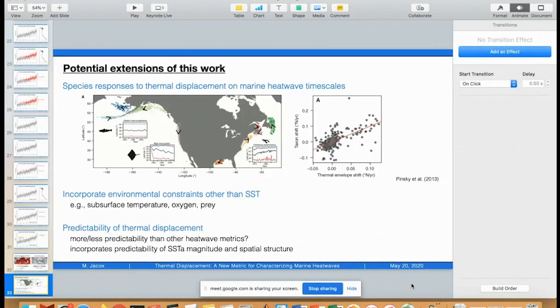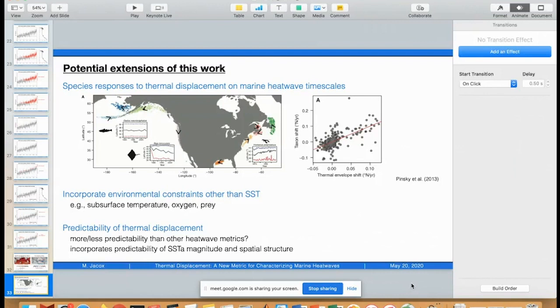So this Penske paper and presumably others are looking at the mean thermal displacement of critters due to the mean change in SST, and what you're looking at is the variability in the thermal displacement in response to the variability in climate, which is a really cool concept.